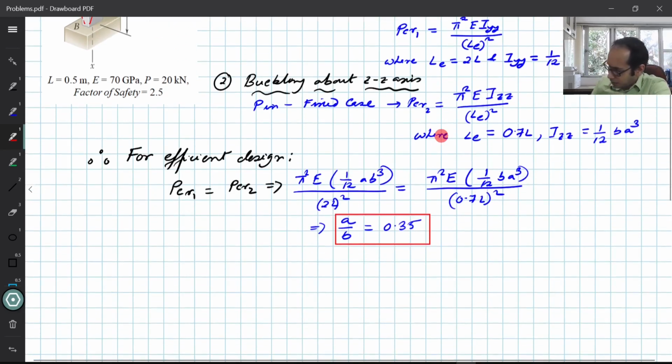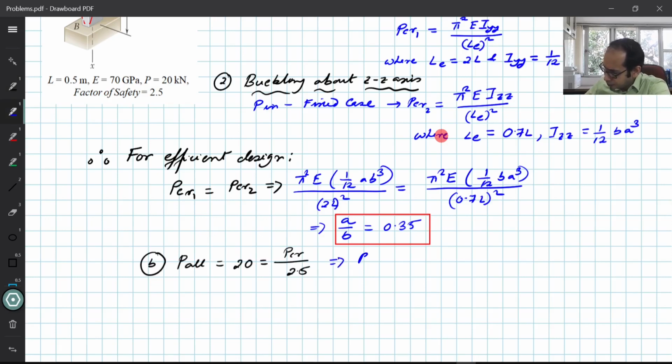So if you just write part B of the problem, we have P allowable, which is given as 20, equal to the critical load PCR divided by the factor of safety. So this essentially gives you your critical load or the buckling load as 20 times 2.5, that is 50 kilonewton.